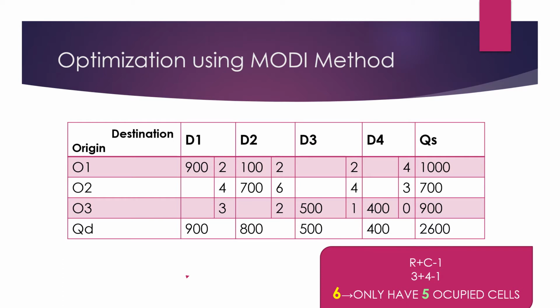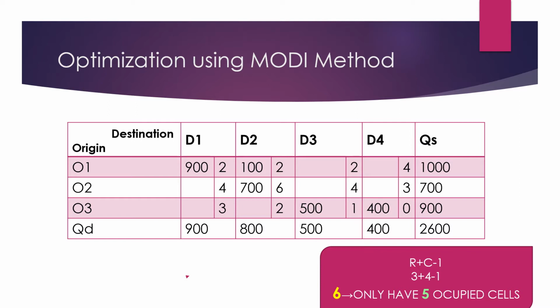Then, before allocating the U values and V values, we have to check the degeneracy. Here there are 3 rows as well as 4 columns. Then 3 rows plus 4 columns minus 1 generates 6. However, we only have 5 occupied cells.